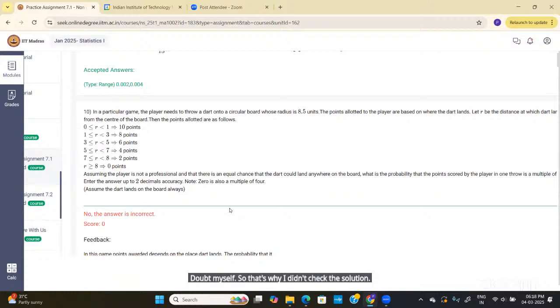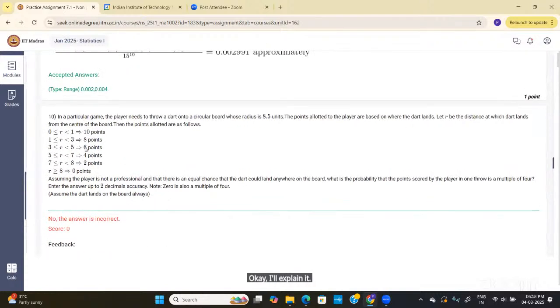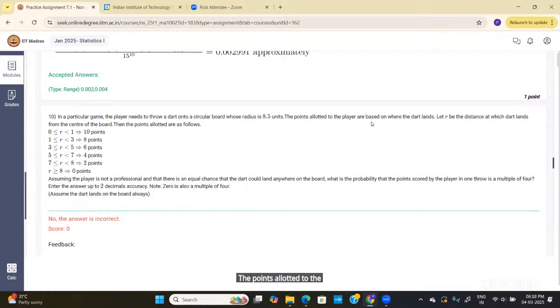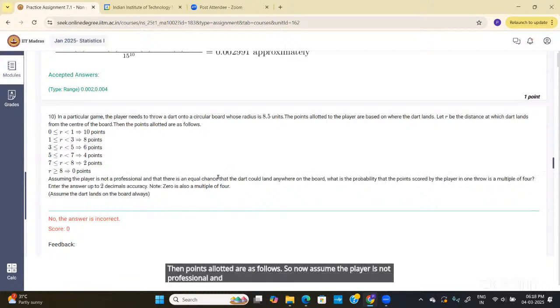Okay, I'll explain it. So here, in a particular game, the player needs to throw a dart onto a circular board whose radius is 8.5. The points allotted to the player are based on where the dart lands. Let R be the distance at which the dart lands from the center of the board. Then points allotted are as follows. Assume the player is not professional and there is an equal chance that the dart could land anywhere on the board.